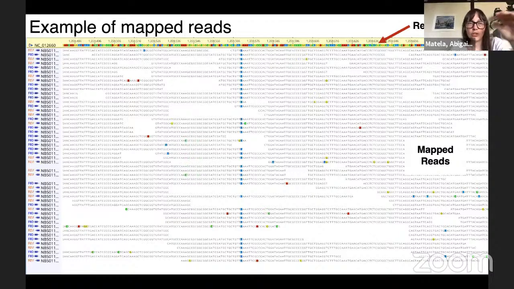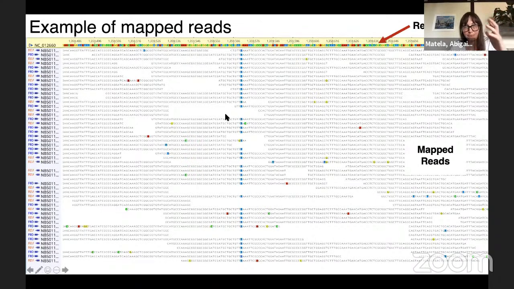What this slide shows is just one portion of the reference genome that's highlighted at the top. That's the DNA base pairs of that reference, and each of these little lines are those read files, those sequenced reads that came out of the Illumina run.